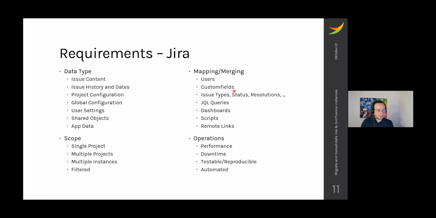Then there are custom fields. Custom fields are kind of special because there's custom field context in Jira, and there are certain system custom fields that may only exist once, like the epic link, SLAs in Jira Service Management, or Tempo accounts. You need to decide if you want to have multiple different custom field configurations, or if you want them to be the same. If you have conflicting names, you probably want to rename one, and so on.